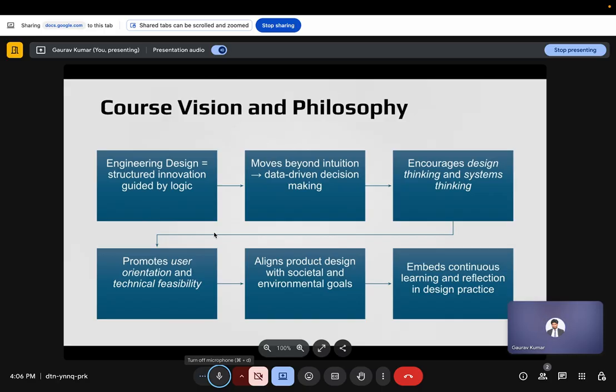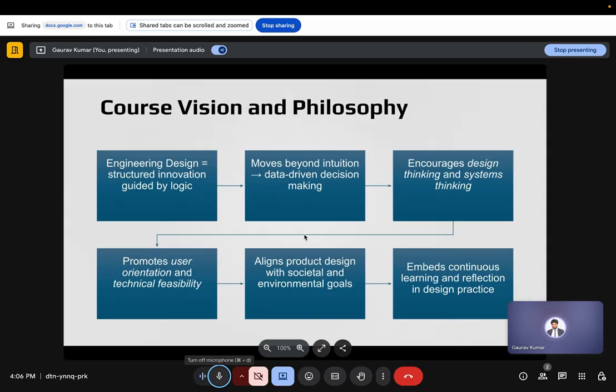So the course vision and philosophy. The course vision is structured innovation guided by logic. We move beyond clever ideas toward defensible decisions grounded in evidence and transparent trade-offs. This demands repeatable procedures and explicit criteria so that two competent teams would converge to a similar conclusion.